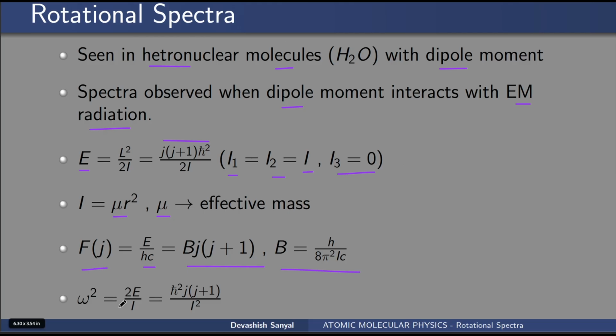If we know the energy, then omega square is equal to twice E by I, which is H bar square J into J plus 1 divided by I square. So if we know J, we can find the angular frequency of rotation.